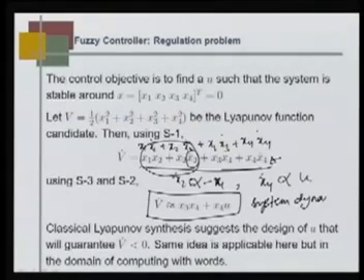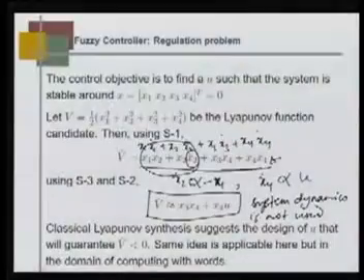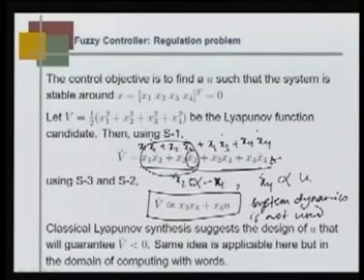System dynamics is not used. What is used? The simple physics of the system. Here we used x2 is equal to x1 dot, obviously the velocity x2 and x1 is position, and similarly here we use the notion that x4 is x3 dot.